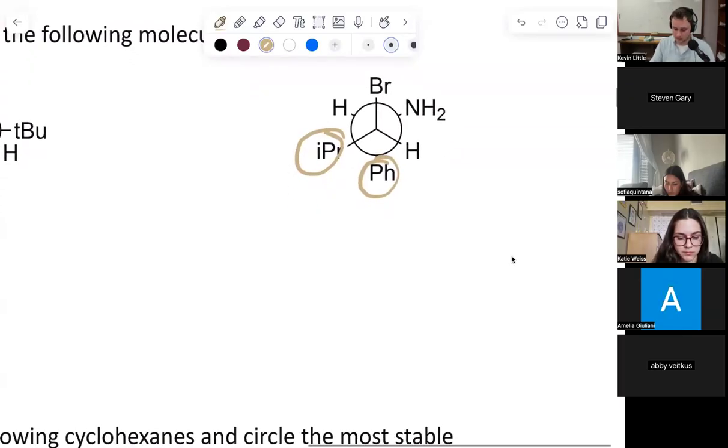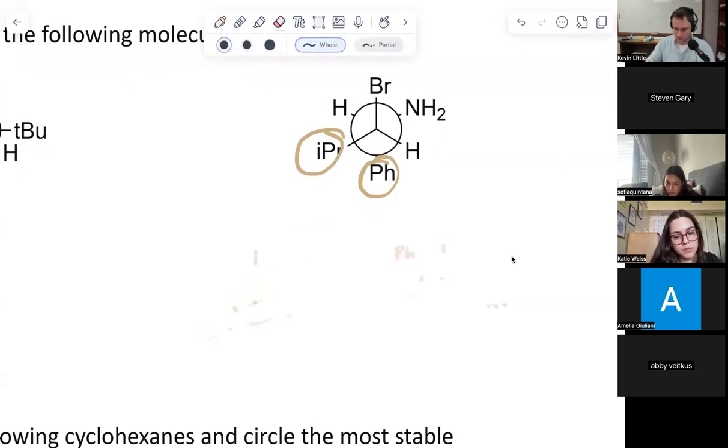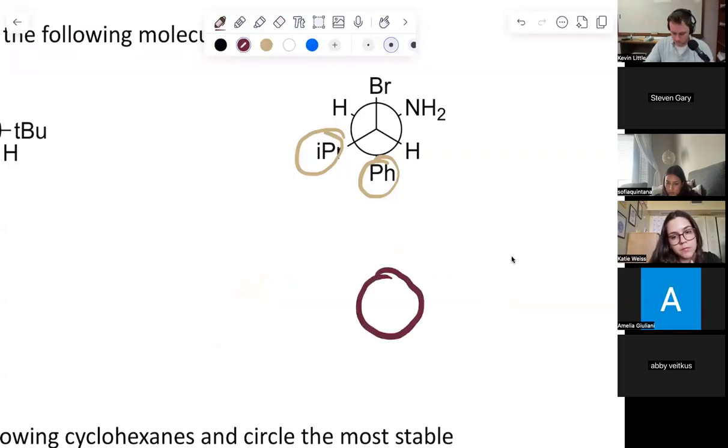So in theory, you want to get them anti to each other, right? I could draw it like this, where my isopropyl and phenyl are like that, or I could draw it like this. I could do any number of ways. So what I'm going to do for a test is probably give you something that looks like this, and say the hydrogen's here.